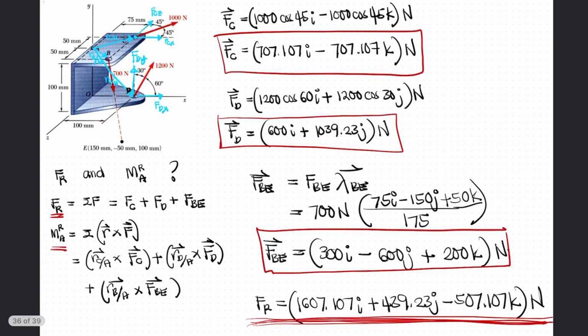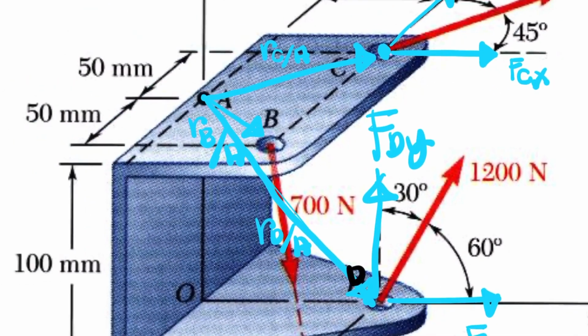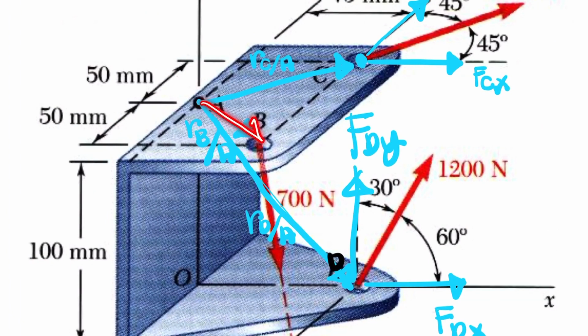Tapos, RB sub A. Dili pwede bali ha. Ay, anak, imong R. No, that is wrong. Dapat, ang R should start at the point kung aha ka makuha og moment padulong sa point of application sa force.